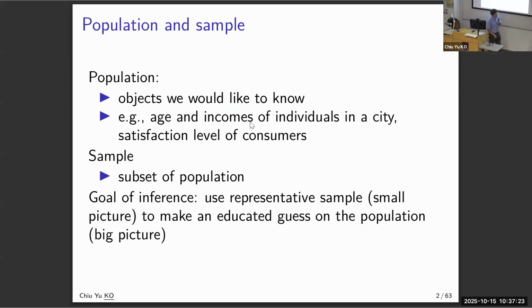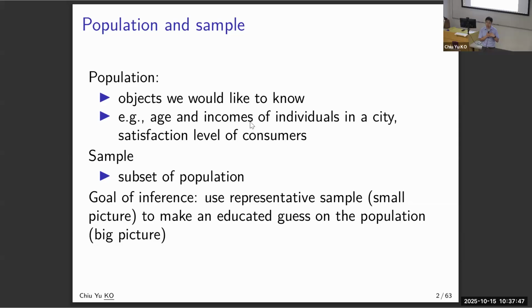So, a quick terminology discussion. First is the population, which is what we would like to study and draw a conclusion on. In general, this is the thing that you're interested in.